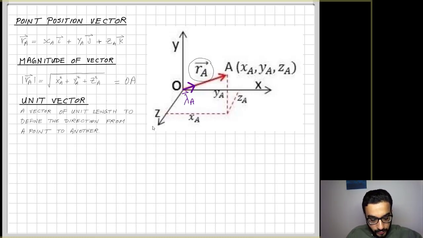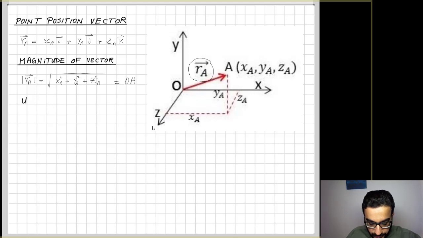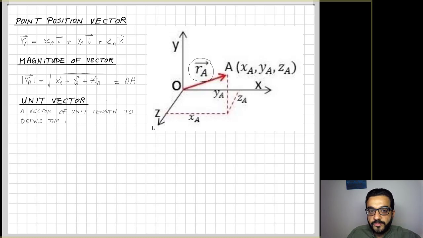And then the other thing we will cover is the unit vector. The unit vector is a vector of unit length that defines the direction of a vector from a point to a point. In this case it's lambda_A, and it's a vector in the same direction as R_A, but it has a length of 1. It depends on the units you're using.